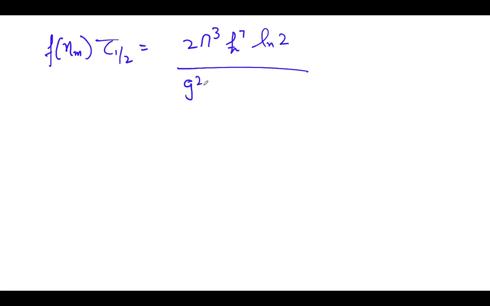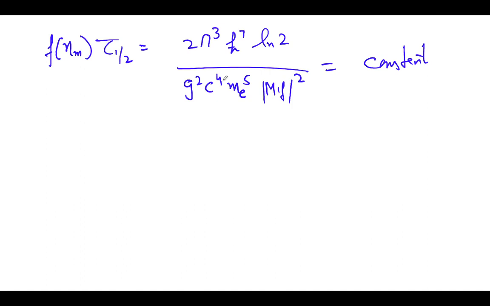So from this I can rewrite this equation. So f into tau, the half-life period, is equal to 2 pi cubed h raised to power 7 into log of 2 over g squared c to the power 4 me to the power 5 into Mif squared. So this term is a constant because all these factors are constant values.